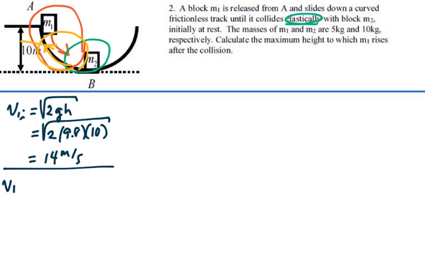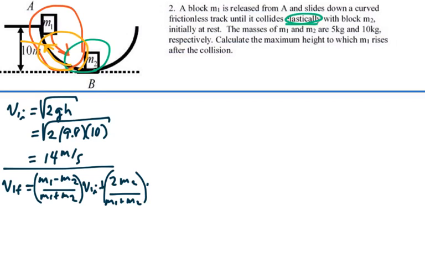So then we want to find the final velocity after this elastic collision. V1 final is going to be equal to (M1 minus M2) over (M1 plus M2) times V1 initial, plus 2 M2 over (M1 plus M2) times V2 initial, for and only for an elastic collision.